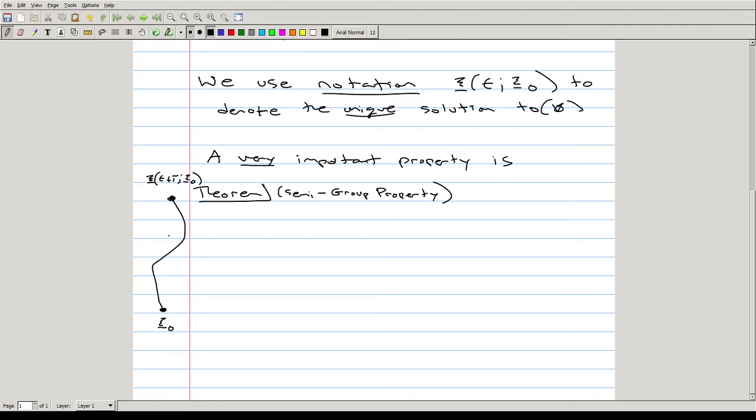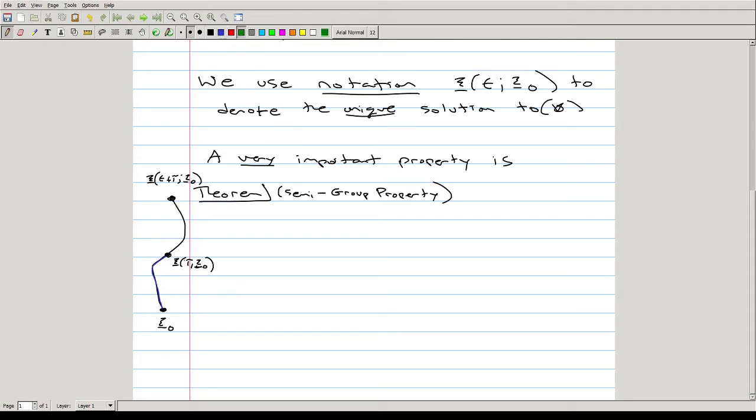We can go back to xi of tau comma xi naught, and if we consider the new orbit, we know that xi of tau comma xi naught is going to follow this orbit right here.